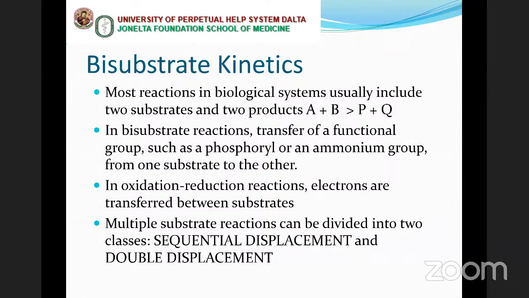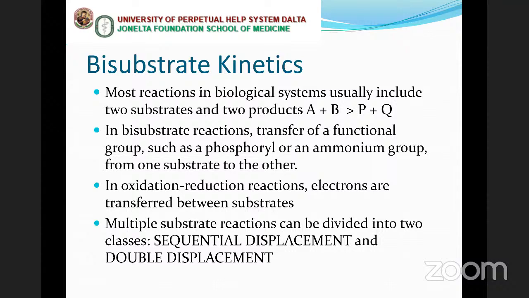In an ideal world, your Michaelis-Menten would be ideal. One substrate. But of course, I'm sure even as early as now, you will see in biochemistry that there's no such thing, or almost no such thing.